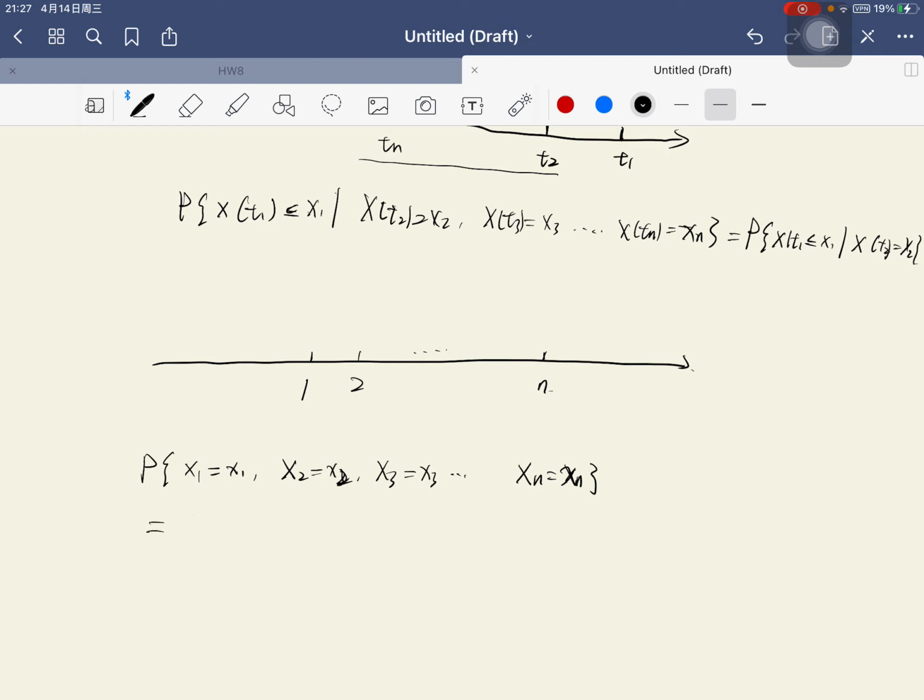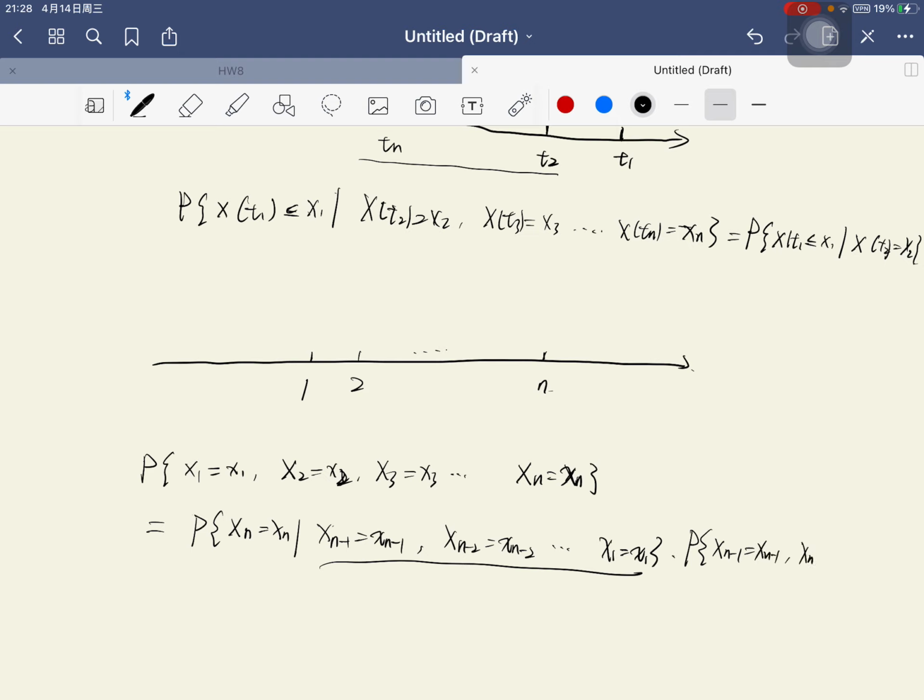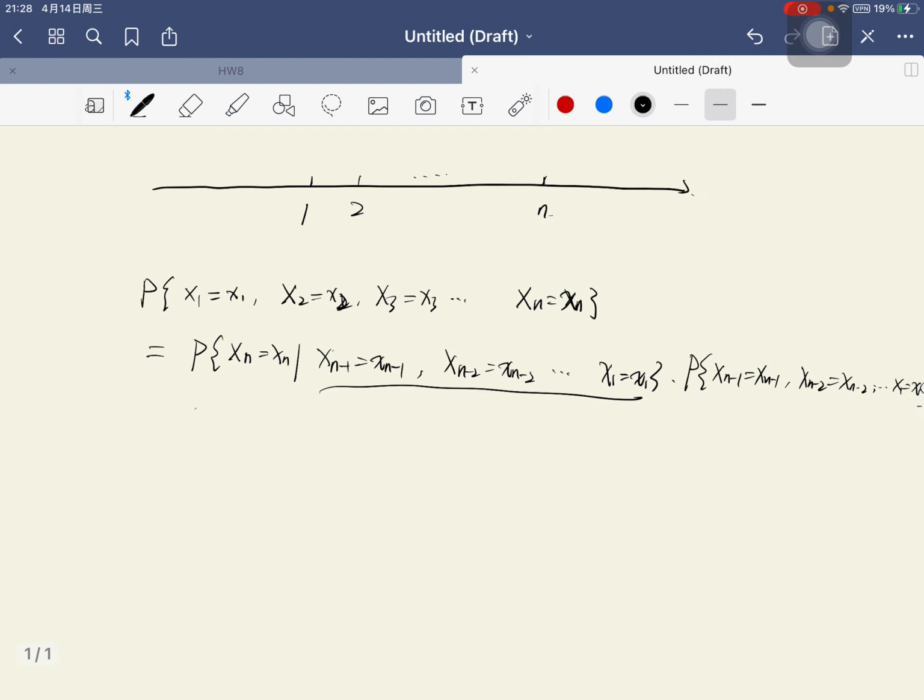It is equal to the conditional probability that Xn equals xn under the condition Xn-1 equals xn-1, Xn-2 equals xn-2, and so on to X1 equals x1, times the probability of this part, X1 equals x1, and it is a function of the conditional probability.